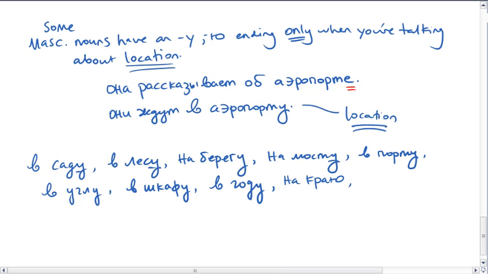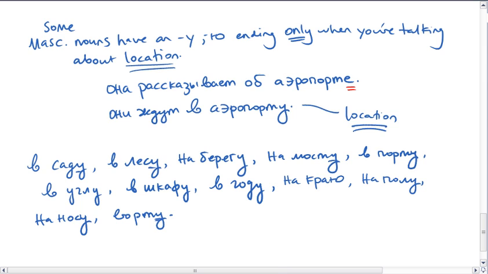На краю, on the edge or border, на полу, on the floor. Also when talking about parts of the face, на носу, if you have your glasses on your nose, or во рту, in your mouth.